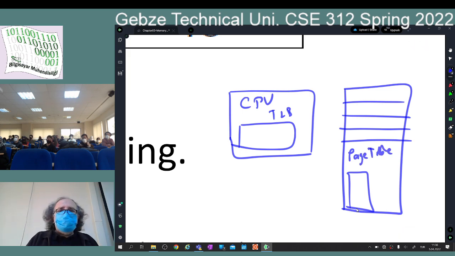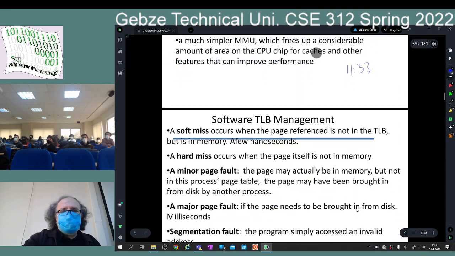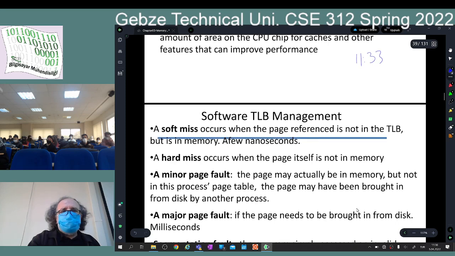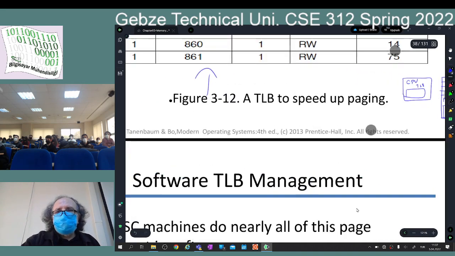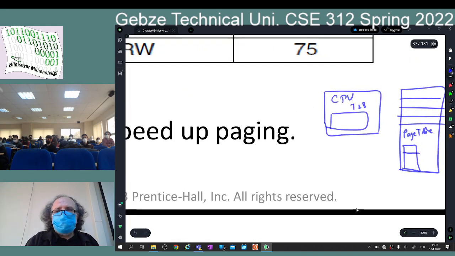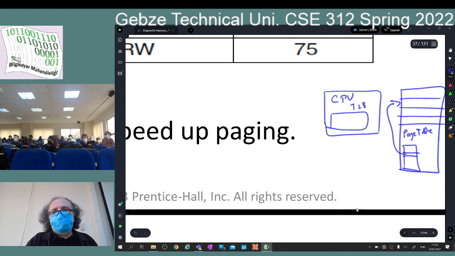Okay, if I do a soft miss, it means that the entry is not in the TLB, but it is in the page table. So the page table contains the entry, so it points to somewhere inside my main memory, but it is not in my TLB.